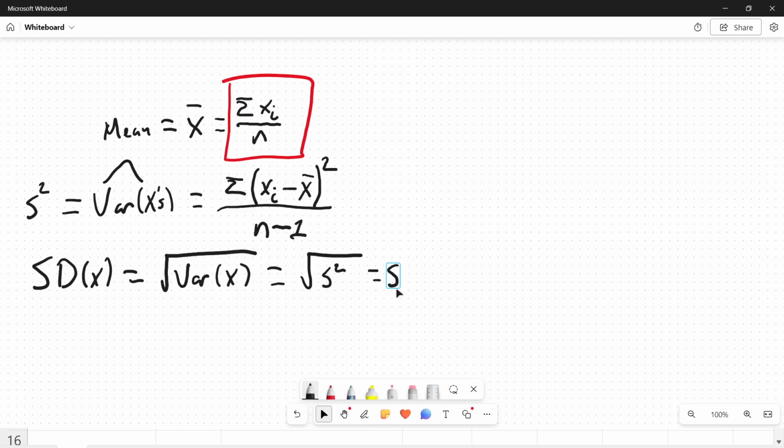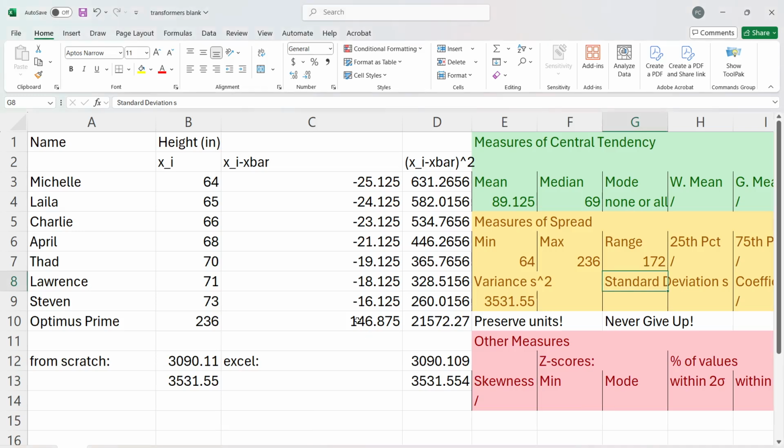So I should see a number for s that is something like, well, 64 to 70. And the average height is 89. If I see a number like 10, 20, 30, 40, or 50, it's a number that makes sense because 89 is the average, and these numbers are, say, 30 less than that, and then, of course, Optimus Prime is very, very tall. So I'm looking for maybe a double-digit number for the standard deviation.